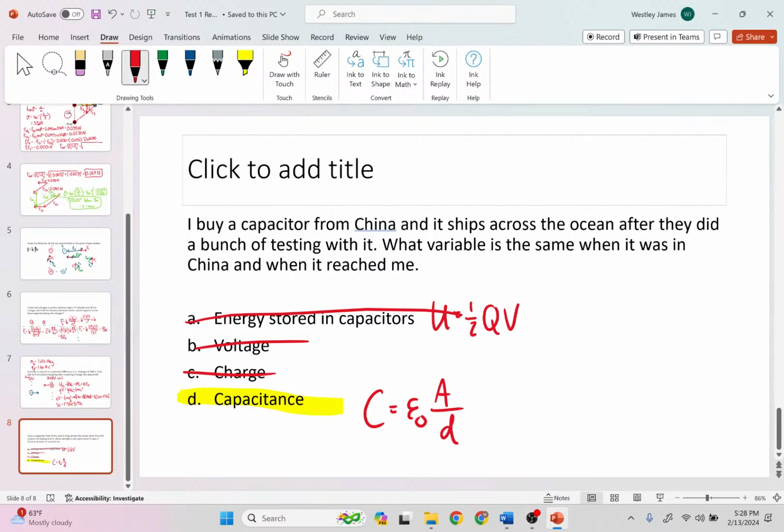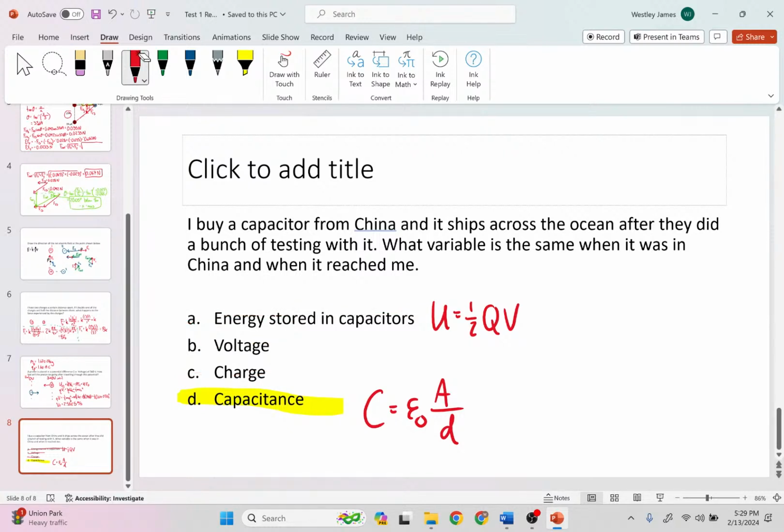If I buy a capacitor from the store and it says 5 microfarads, it better still be a 5 microfarad capacitor when I get home. It is a quality of the capacitor. As long as it hasn't been blown up, and I haven't changed the area of the plates or the distance between the plates, you're good to go.